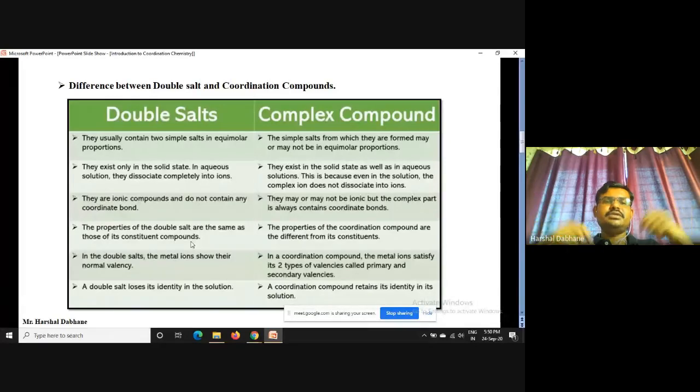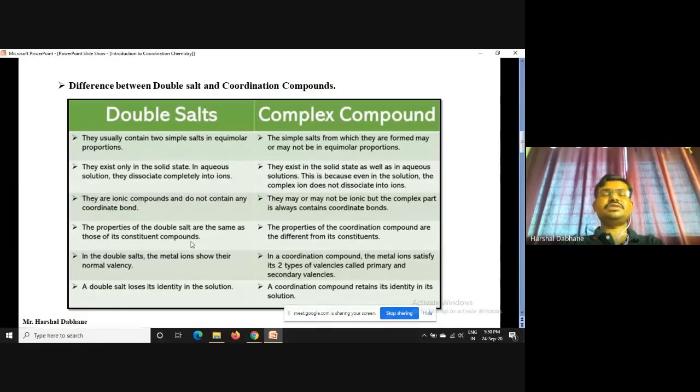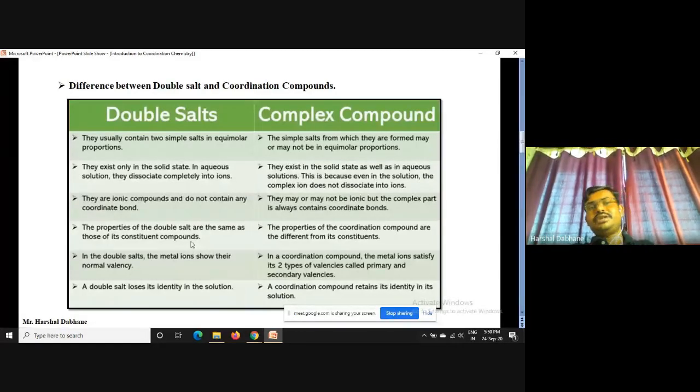That's why the properties of a double salt are exactly similar to the properties of their reactants. But in case of a complex compound, the properties are different from those of its constituent ions, that is, its reactants.